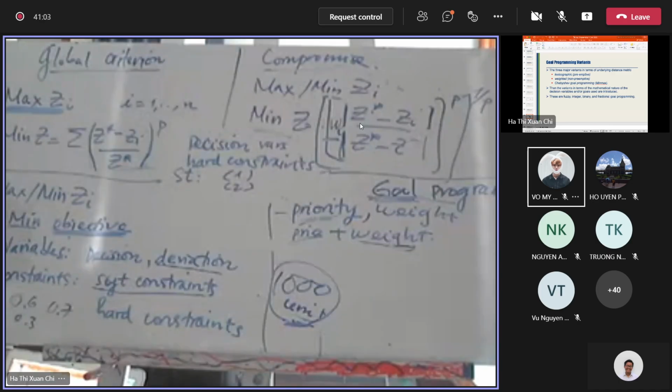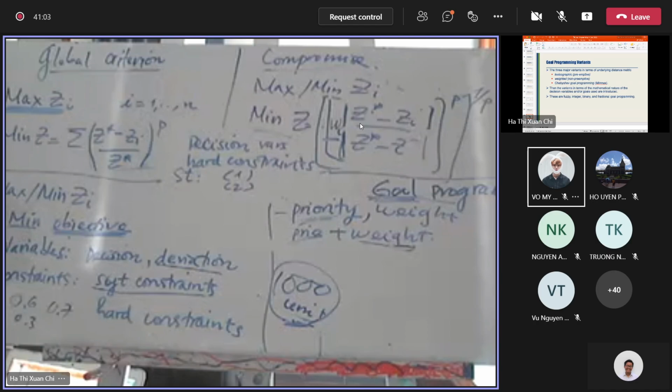So for goal programming, we have 3 types. First, that is the lexicographic, or they have a different name. When you read the book, you can see that it is preemptive. And for the weighted one, that is non-preemptive, weighted.